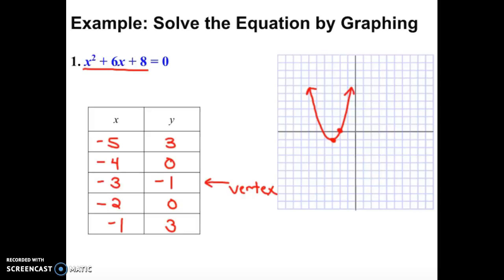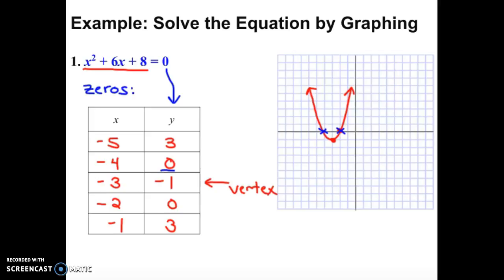The other question that we're doing is finding the zeros again. You remember finding the zeros. That's where the graph crosses the x-axis, so right here and here. The nice thing is, in our table, we actually have our answers. If you're finding the zeros, you want to know when your y value equals 0.